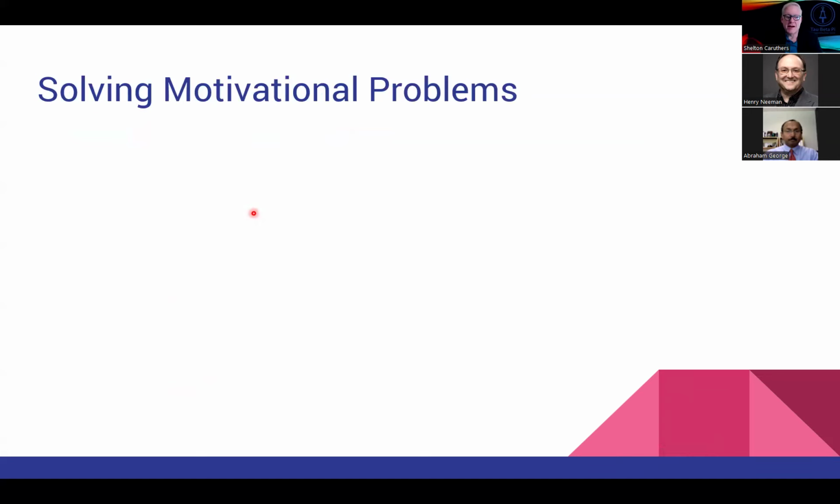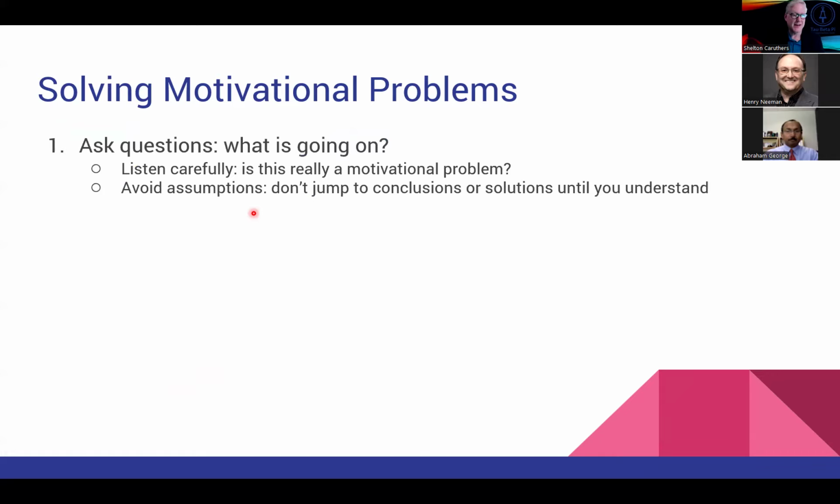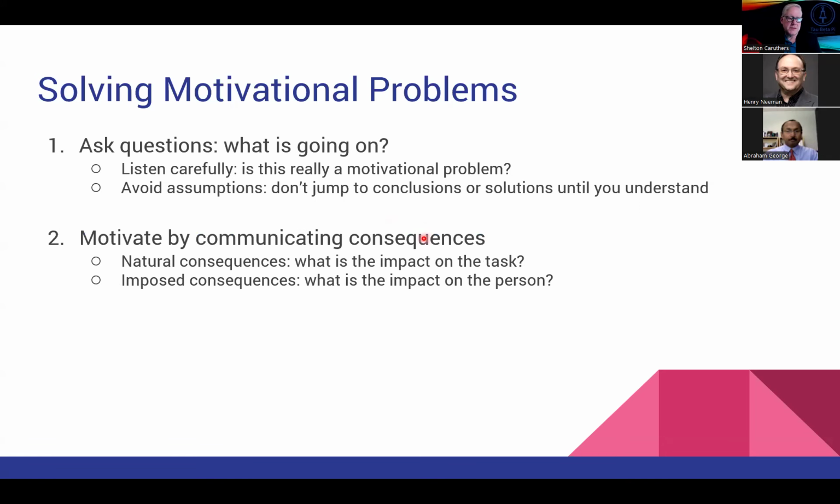So how do we solve motivational problems? Well, it's a little bit more difficult than ability. You can't just throw a textbook at it. But again, same as the others, listen carefully. One, identify that it actually is a motivational problem. Two, avoid assumptions. Again, don't assume that they're not motivated just because they're lazy, or any other assumptions.